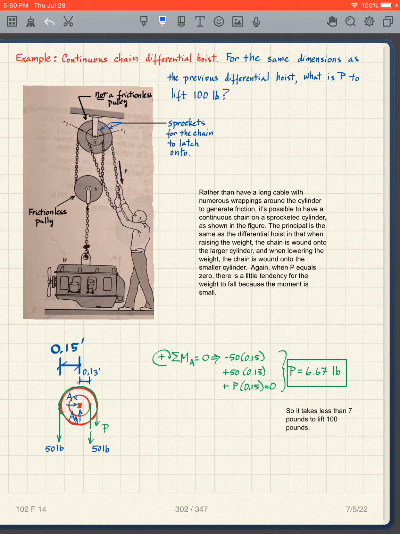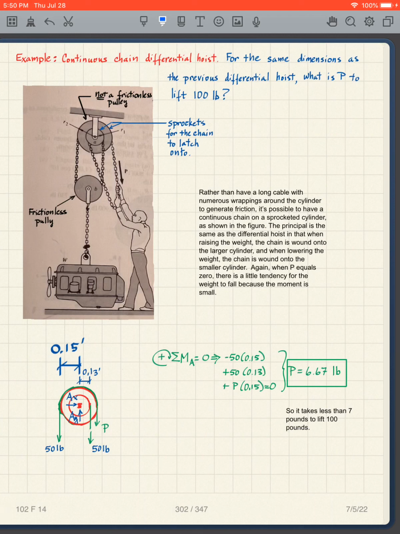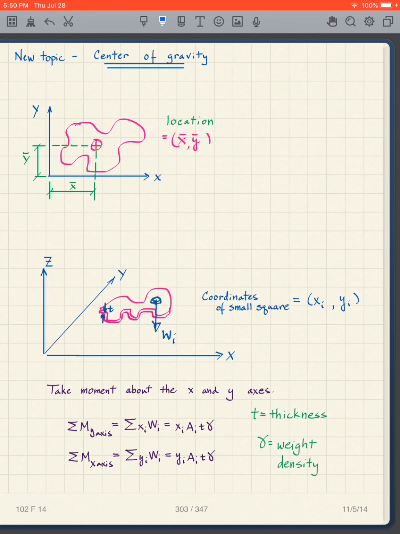But this is closer to the way an actual hoist will work. It's the same principle as this differential hoist. It's just that we now have what's called a continuous chain, and then instead of a crank, you're pulling on it. Okay, I will stop there.